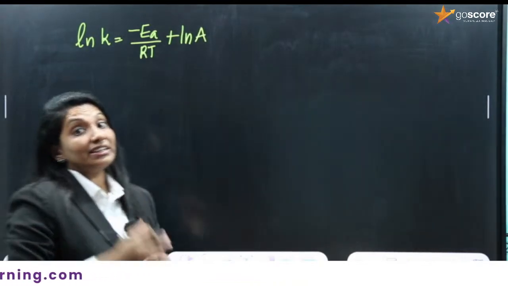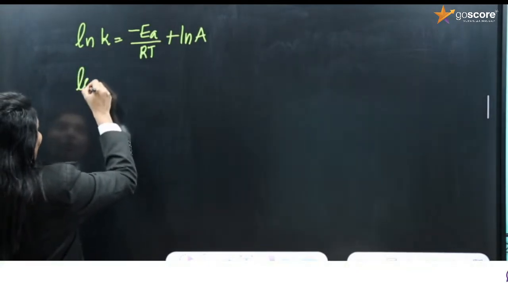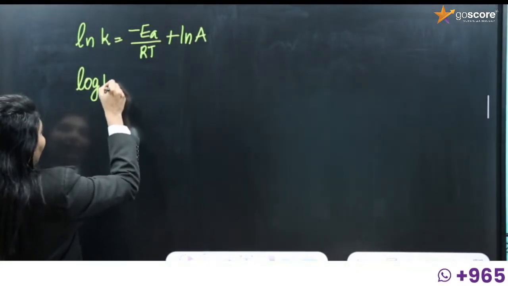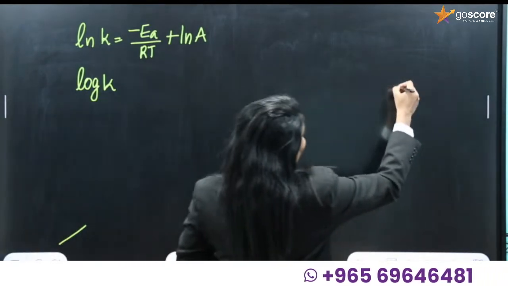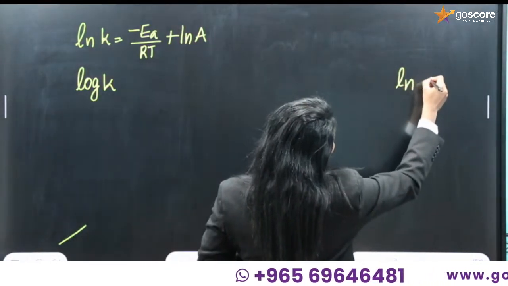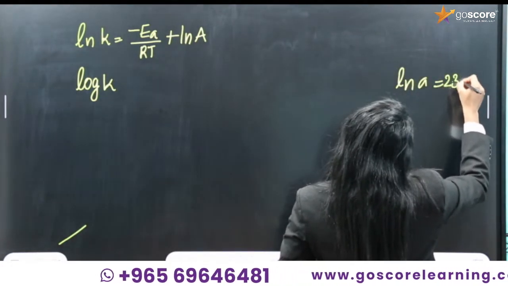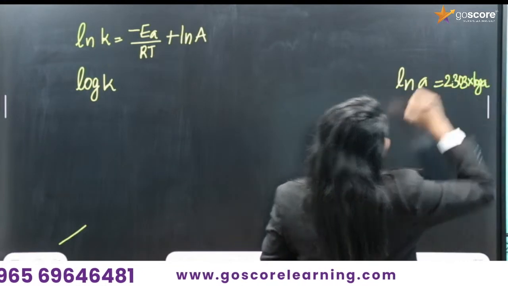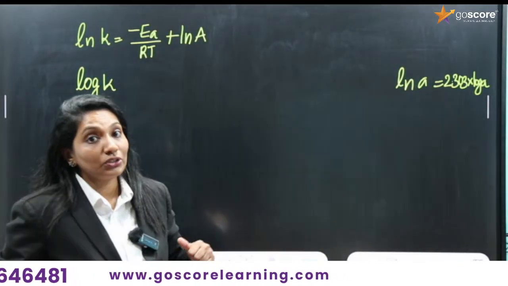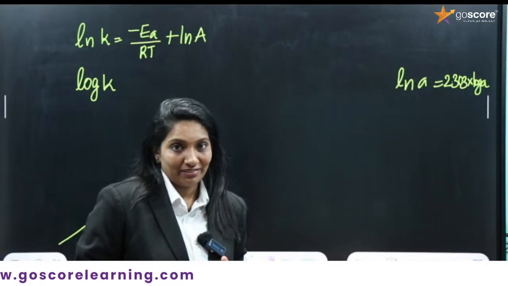If you convert it into log, what will we get? How will we convert natural log into log? You remember it? ln A can be converted into log by multiplying with 2.303. So ln A is equal to 2.303 into log A, right?